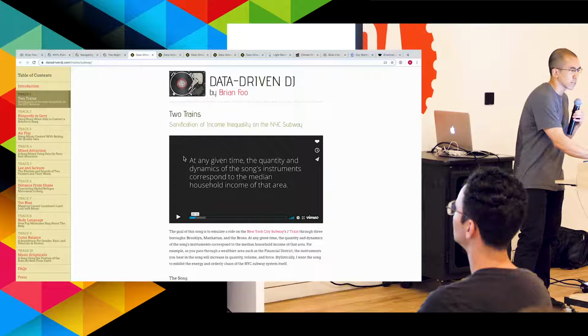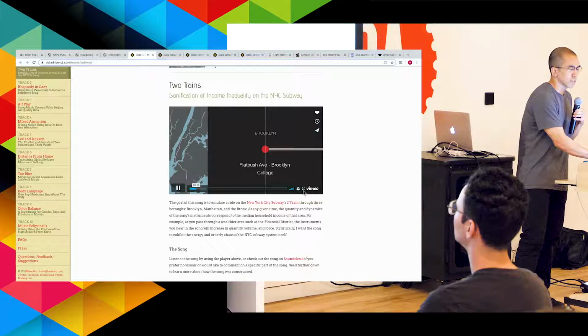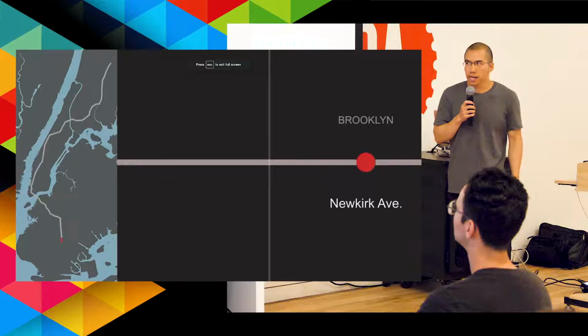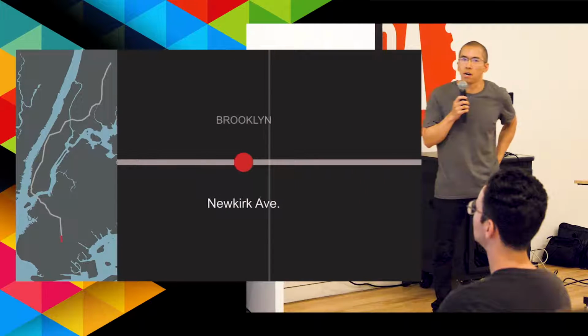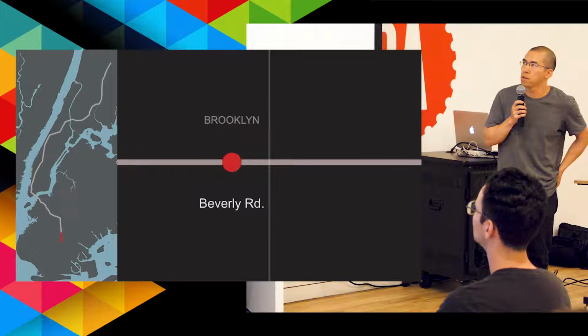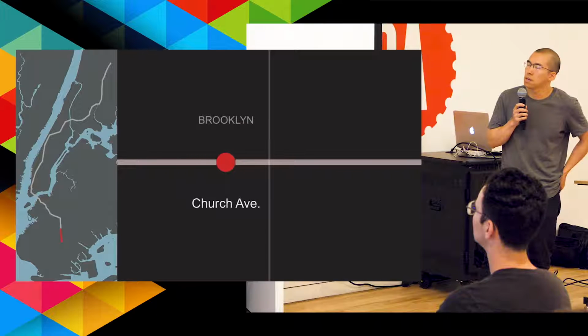So I started with this first data set. This song is called The Two Trains. I'll just start playing it. This song takes you through a ride on the 2 train along the New York City subway. It starts in Brooklyn and goes through to the Bronx.